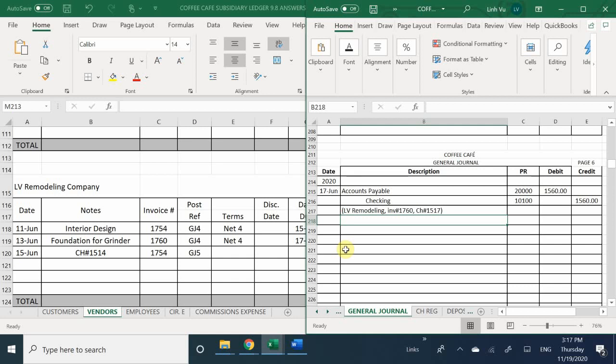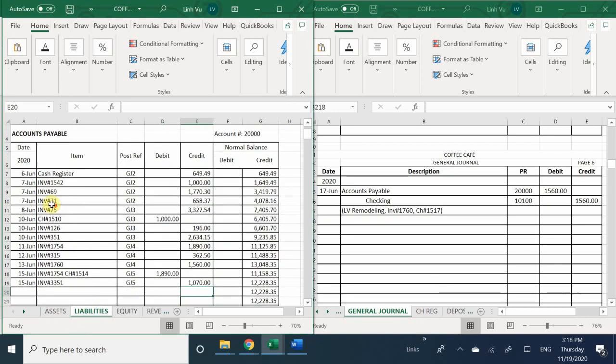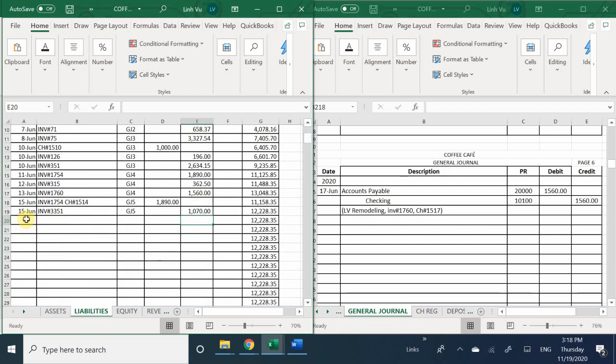So we're going to go to the ledger, and accounts payable. I'm going to put in the date, check number 1517, and then the invoice number that we're paying, which is 1760.